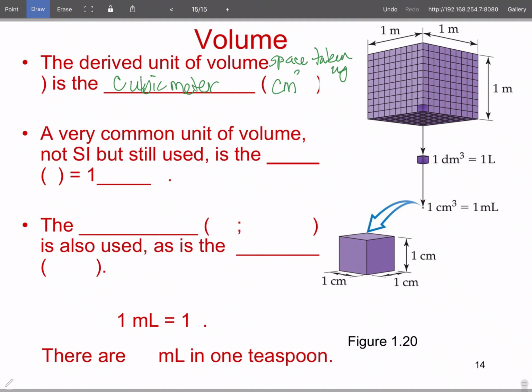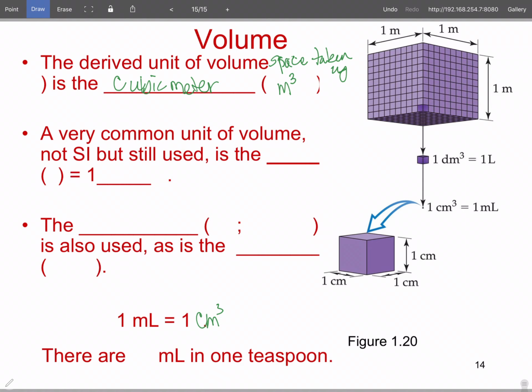Okay? And remember, that's centimeters cubed. Okay? So, no, that's wrong. That would be the space. That'd be the meter cubed. Centimeters are common. And down here is a cubic centimeter, but we'll get back to that one.